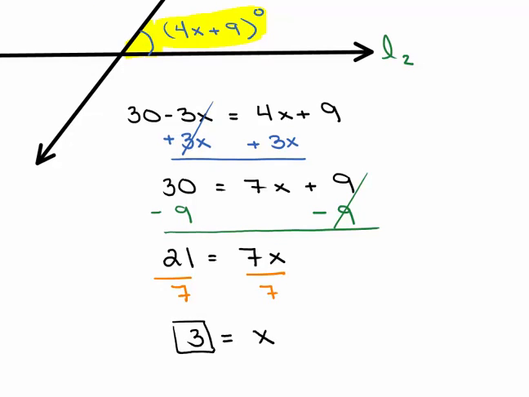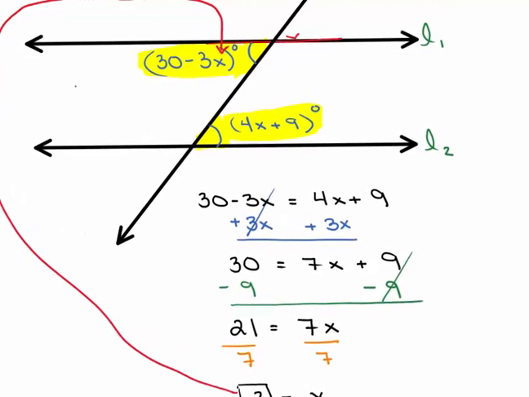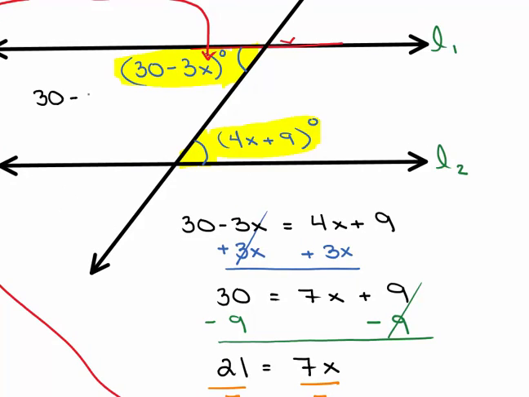So there's our answer. Now, if for some reason you're being asked to find the angle measurement, you can always take this value of 3 and substitute it back in for x right here. So 33 minus 3 times 3 is going to be 33 minus 9, which is 24. So 24 degrees would be this angle measurement.